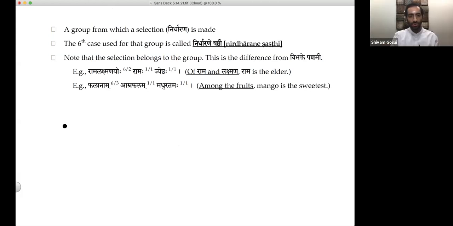Yeah, that's also correct. Or you can even say among Rama and Lakshmana, Rama is the Jyeshta. The among is more than two, is it not? You can also use it with two as well. I see. Because in English, two is technically plural. Okay, thank you.